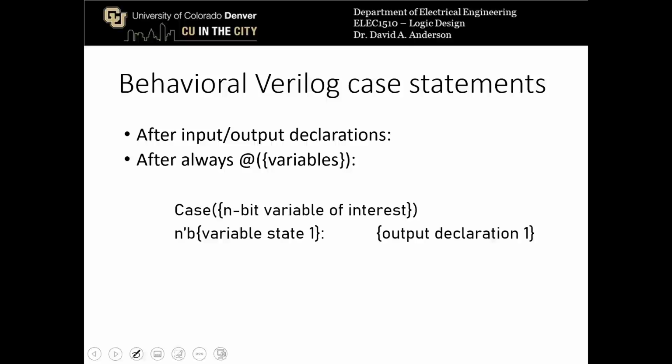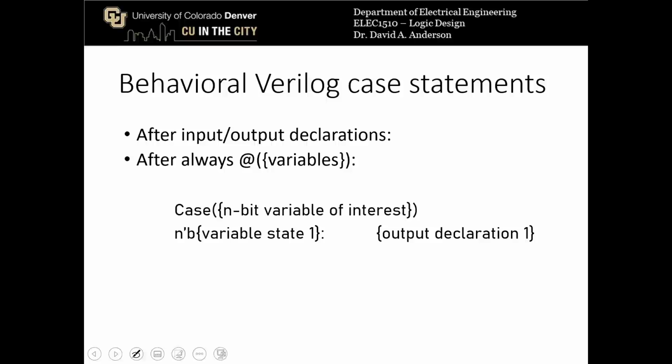After that declaration, you start to list the different cases that that input variable can take as n prime b and then the case. So n is the number of bits in the variable of interest.